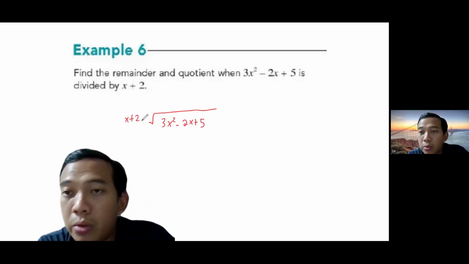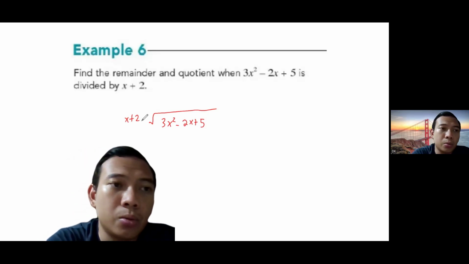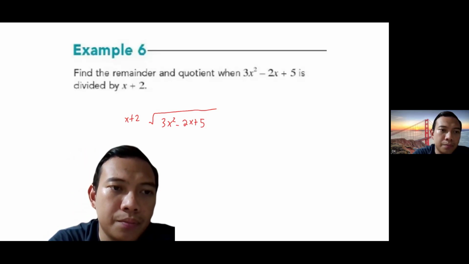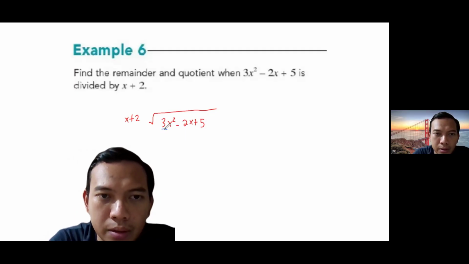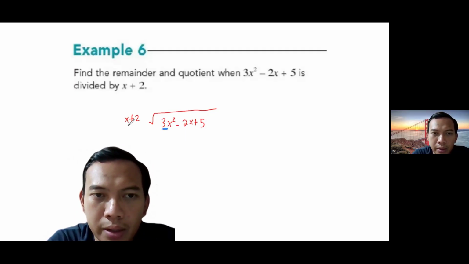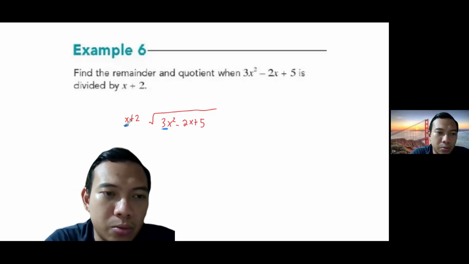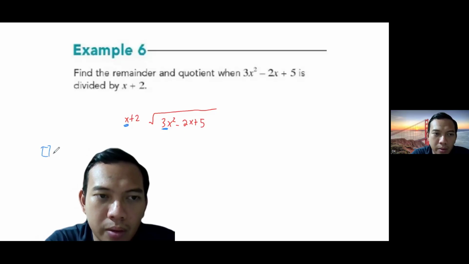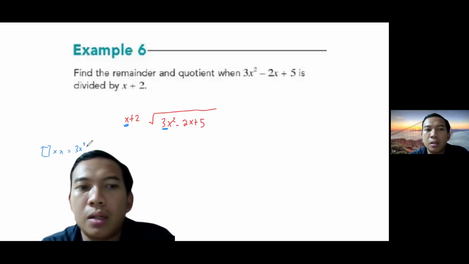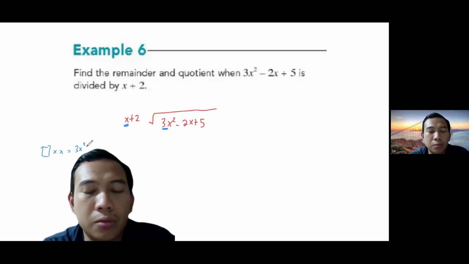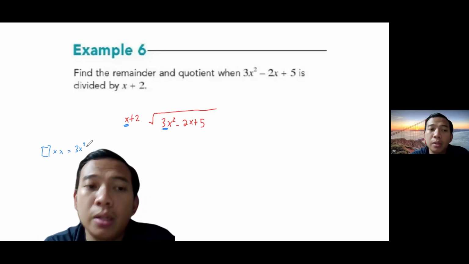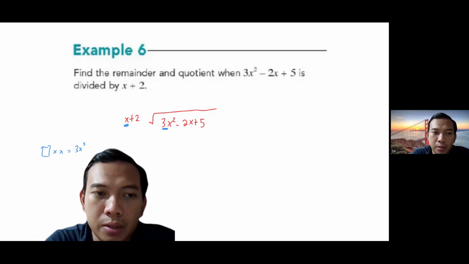So how are we going to divide? First of all, you always have to find one number that can be divided with 3x squared, and with the first term in front, in this case x. So what times x becomes 3x squared? If you're proficient enough in your algebra, we find out that it is supposed to be 3x.